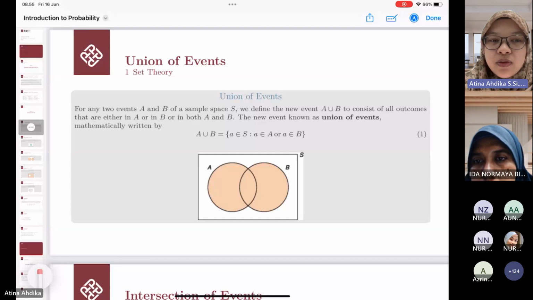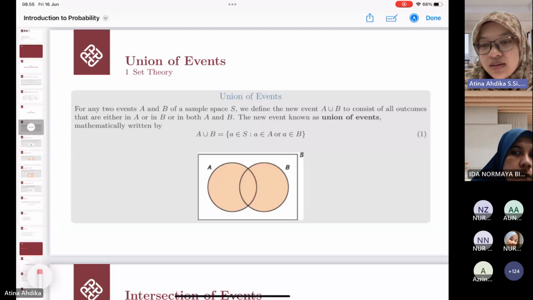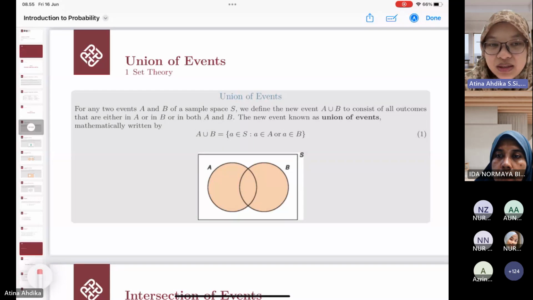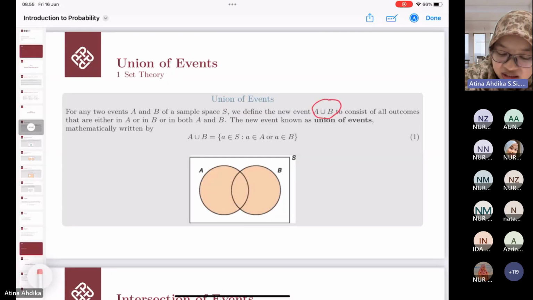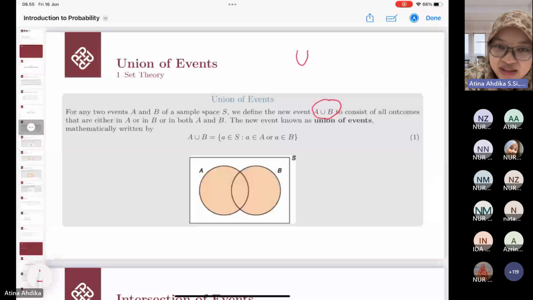If we have any two events, let's say A and B from a sample space S, then we can define a new event that we can write like this, A cup B. The notation like U is the union of events. So we can say the union of A and B.